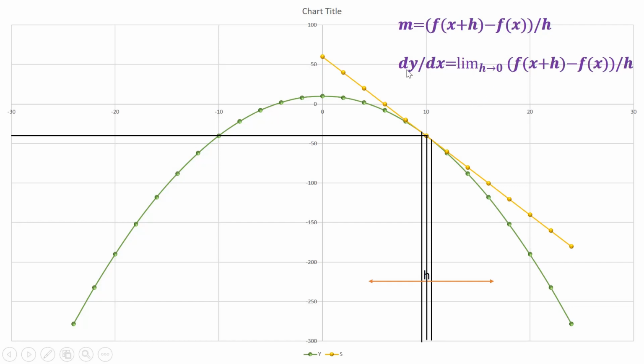So this is the first principle of differentiation. It is telling us that the derivative of the curve at the point we are interested in is the same as the slope of the straight line that is tangential to that point. We are going to apply this to solve questions.